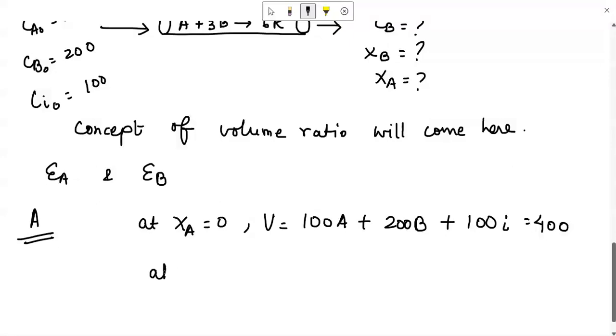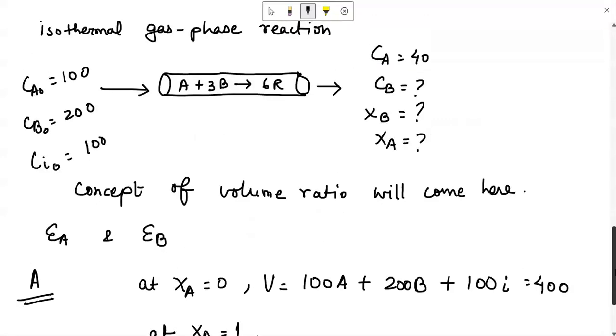At the outlet, or let's say when Xa is fully converted, I cannot call this the outlet point because at the outlet we have Ca equals 40, so this has not led to 100% conversion.